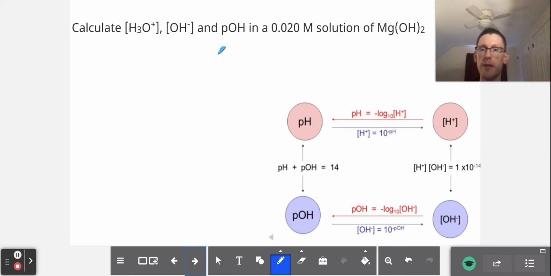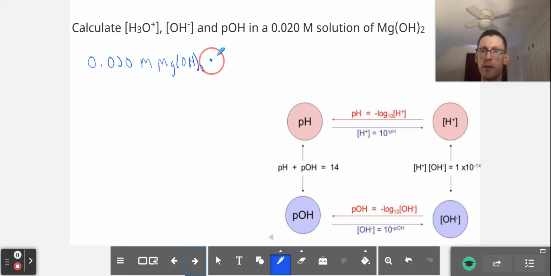Our next problem is to calculate the H3O plus, OH minus and pOH in a 0.020 molar solution of magnesium hydroxide. Now, this is interesting because we're dealing with magnesium hydroxide, Mg(OH)2. So we need to account for the fact that there's two hydroxides per magnesium hydroxide. And that's what I'm going to start with. So here we go.